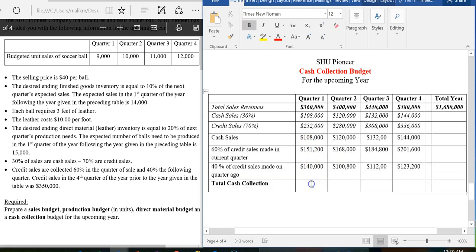So for Q1, let's add this. 108,000 plus 151,200 plus 140,000, and what I got is 339,200. For Q2, add these 3: 120,000, 168,000, 100,800.